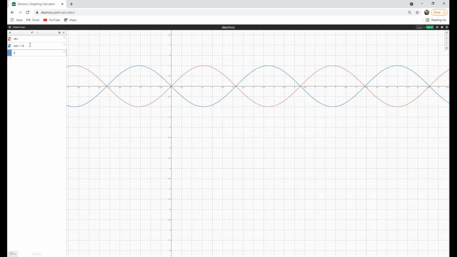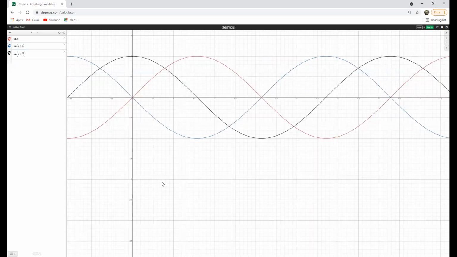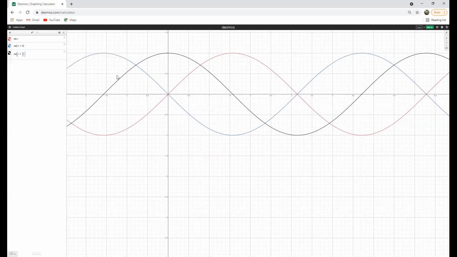What if I change it this way? Sine of x plus pi over 2. Let's see, what do we have here? Oh my God, take a look at the graph. This is now the black graph, sine of x plus pi over 2. See, if you change your x variable, you're going to see different shifts in the graph of your function.